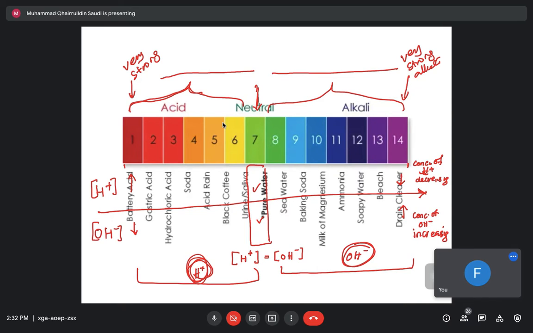Okay. Kenapa ambil 14 tolak pH? Kenapa ambil 14 tolak pH untuk dapatkan pH value untuk alkali?